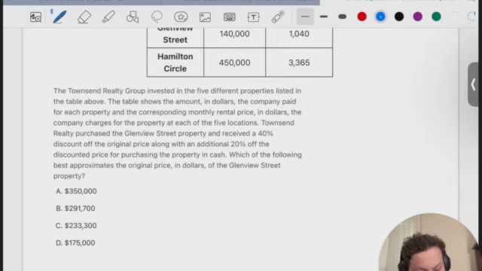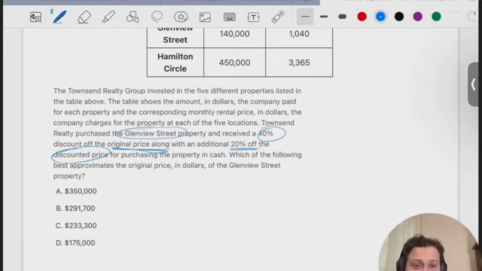Townsend Realty purchased the Glenview property and received a 40% discount off the original price, along with 20% off the discounted price for purchasing property in cash. Okay, it's very important to note that it's 20% off the discounted price, not the total new price. Which of the following best approximates the price in dollars of the Glenview Street property?